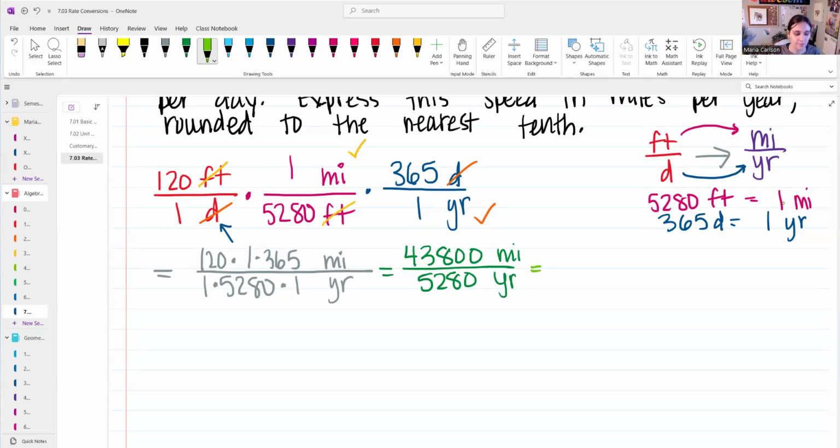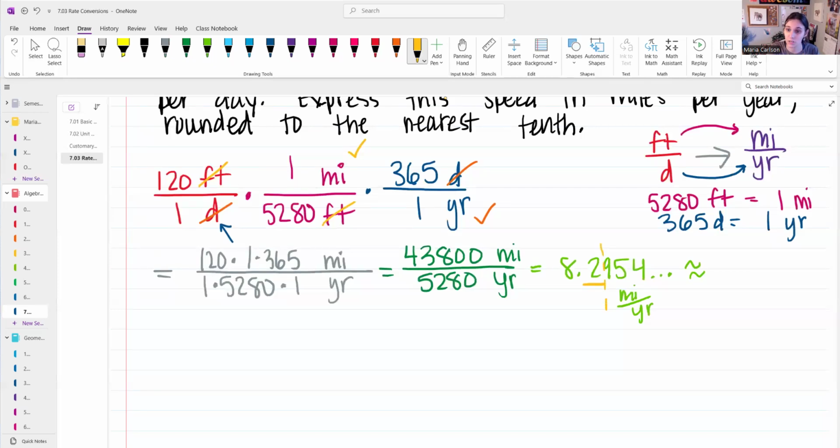43,800 divided by 5,280, and it gives us 8.2954 miles per year. And we were asked to round to the nearest tenth. So looking at the digit that is currently in the tenths place, that is 2.